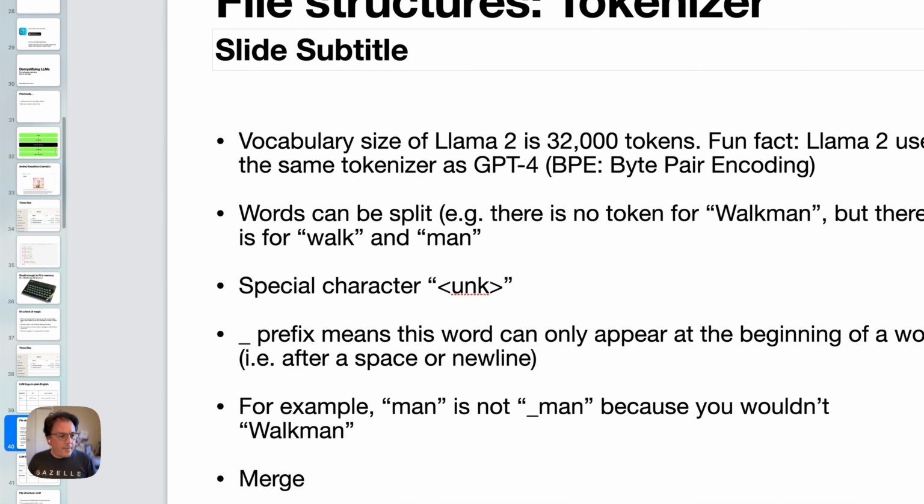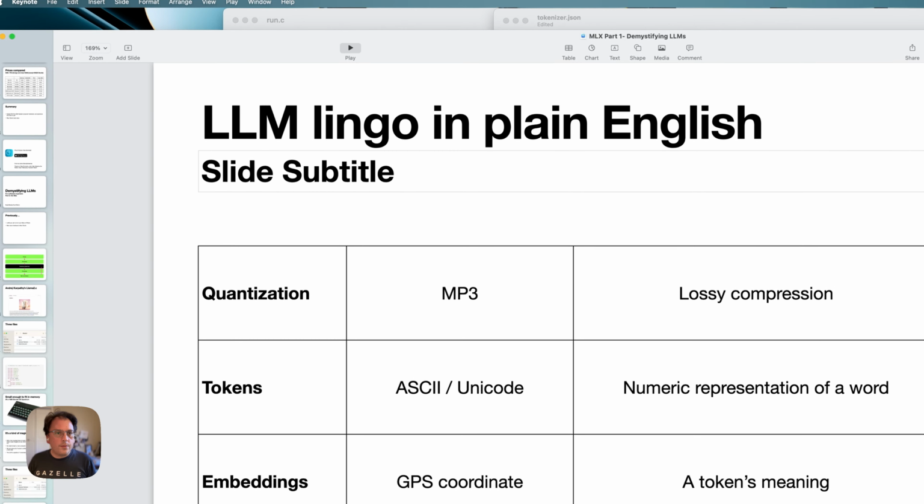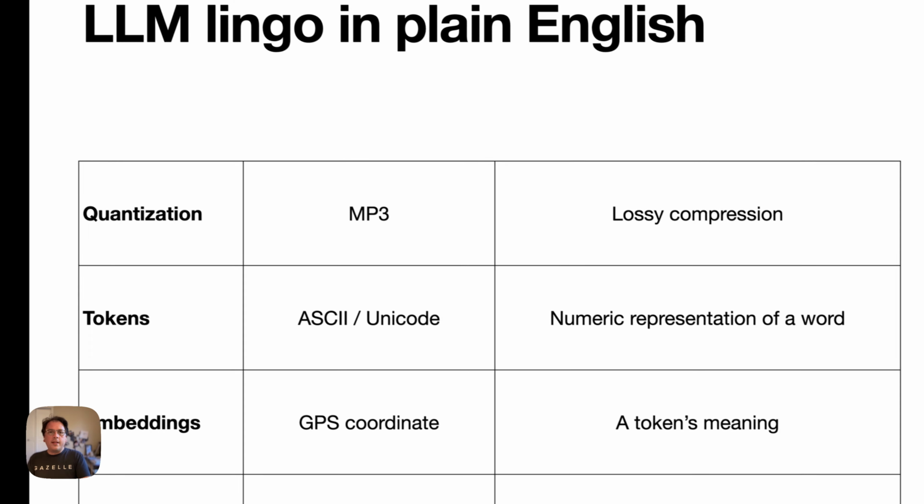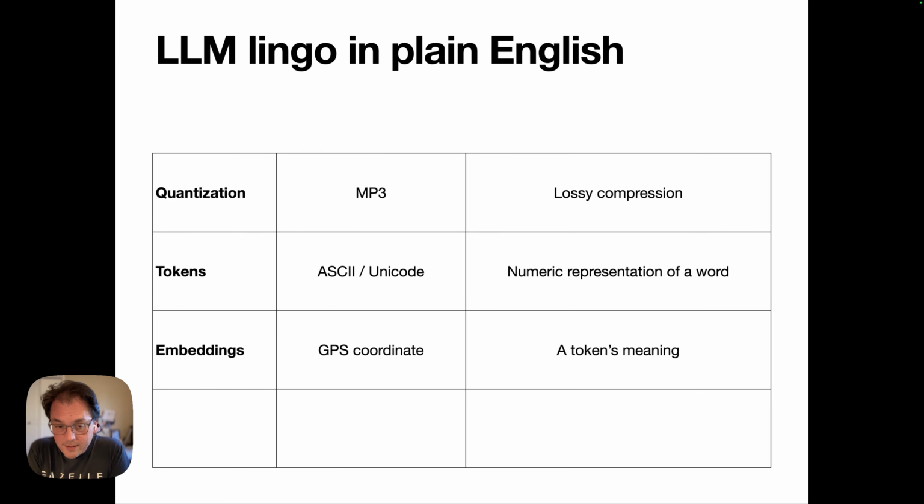Let's go to the next word, and that is embeddings. So tokens are ASCII or Unicode, and embeddings are kind of GPS coordinates. GPS coordinates of what? Well, GPS coordinates of tokens.